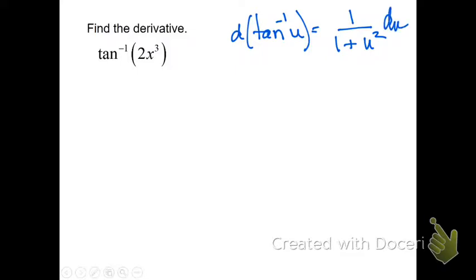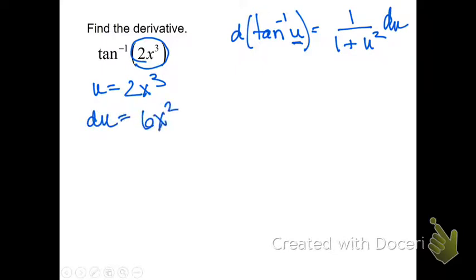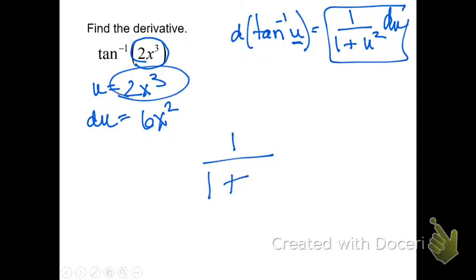Okay, so u is this. Your u is going to be 2x cubed, the thing behind the inverse tangent. Find du right now, just to play it safe, that's 6x squared. Put it all together. Use this formula. The derivative will be 1 over 1 plus u squared.